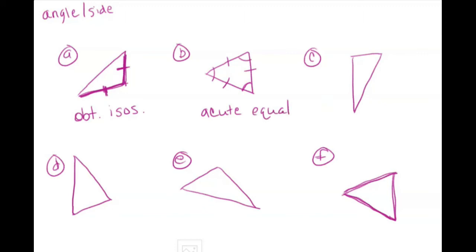So this would be an acute equilateral triangle. In part C, it looks like we have a little right angle there, which makes it a right triangle. So my angle measure is right. And then it looks like all of those sides are different to me. So that would make it a right scalene triangle.